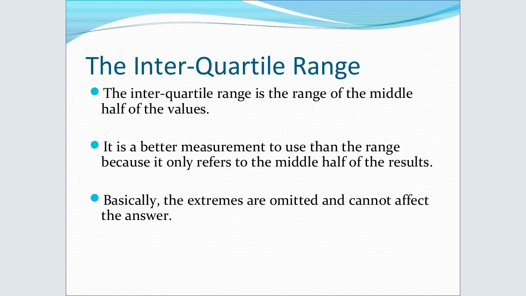We have what we refer to as the interquartile range. The interquartile range is for the middle half of the values. This is whereby in most books you're going to find it gives us the interquartile range. Let me give the formula first.